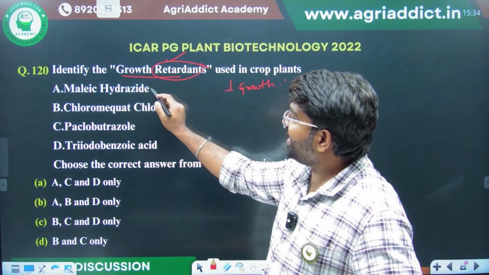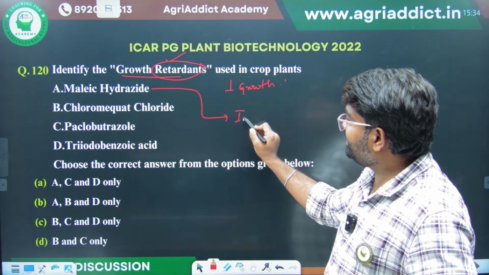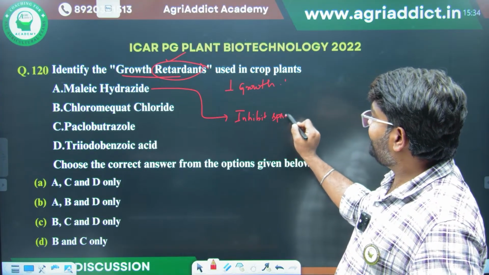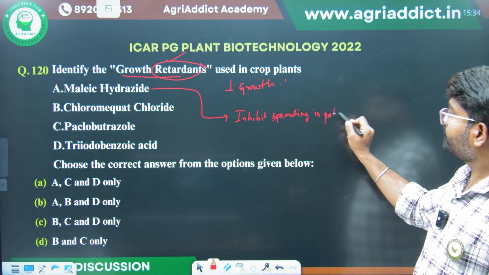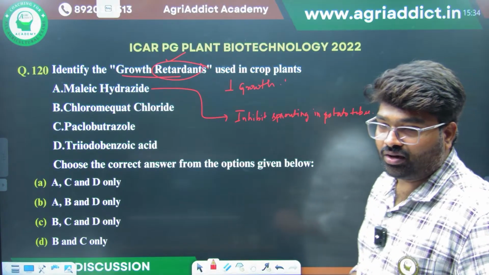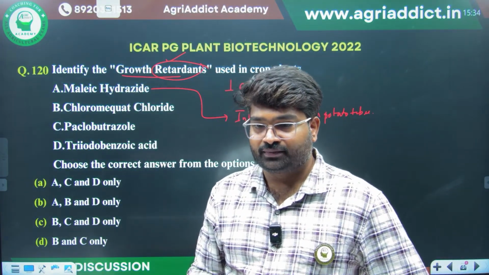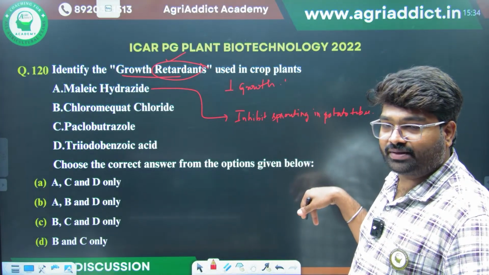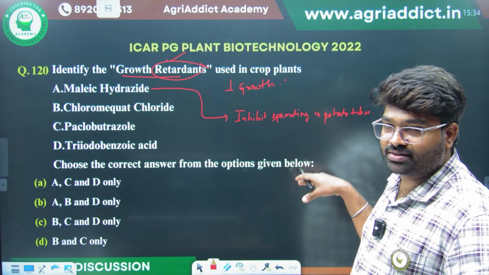See, maleic hydrazide is primarily used to completely inhibit sprouting in potato tubers. If you store potato tubers for a long time, they will sprout. So this is used to completely inhibit that tuber sprouting.